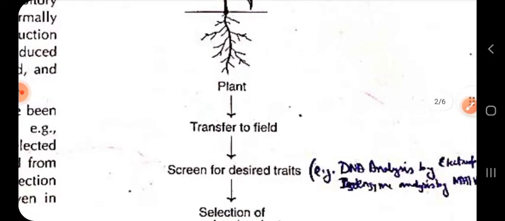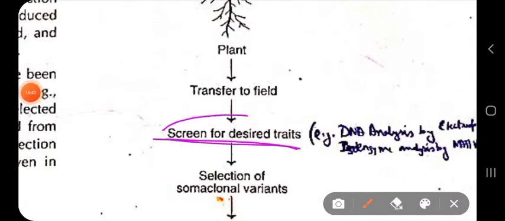After shoot and rooting we do hardening, and then we transfer the plants into the field and try to screen them. We check them for our desirable characters, whether they have been induced or not. The environmental conditions are set that way, but we are not adding any selective agents to the medium.